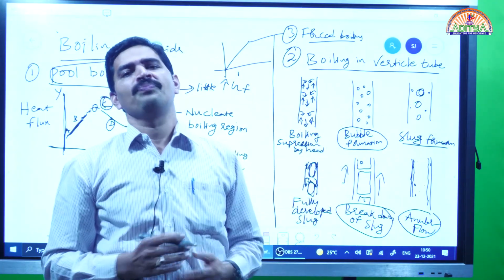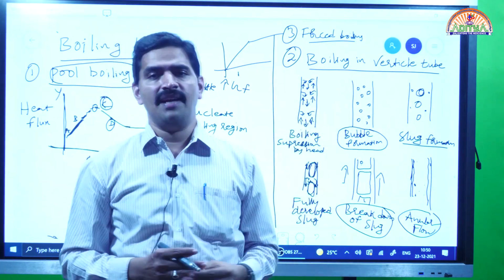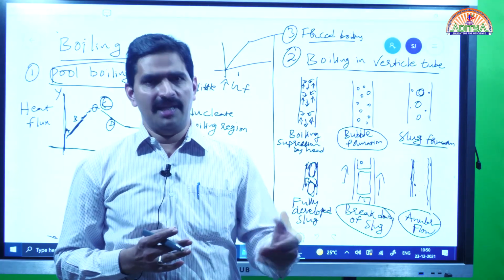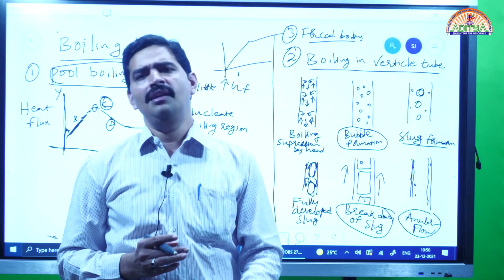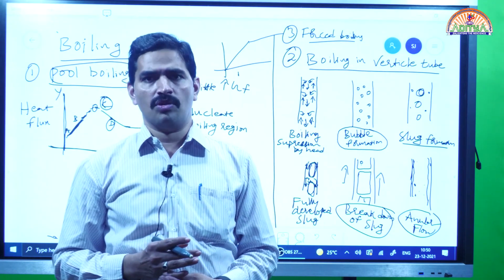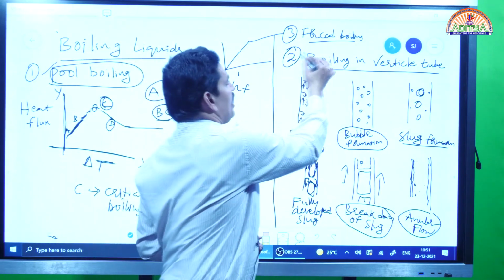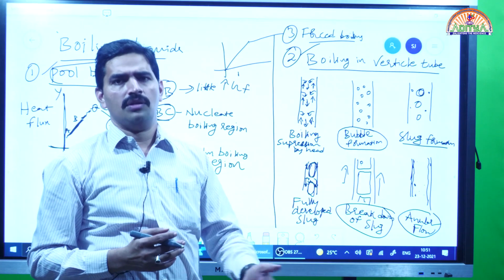If you compare all these three, the final one has more heat transfer coefficient. Why? Because if you are mixing it well, the rate of heat transfer is more. In pool boiling as well as in boiling in vertical tubes, natural convection is going to happen.